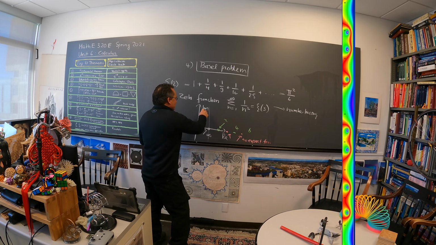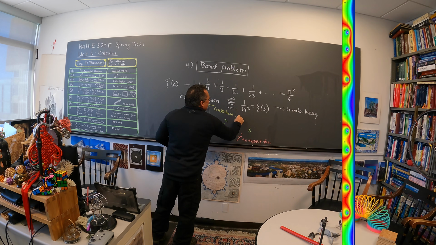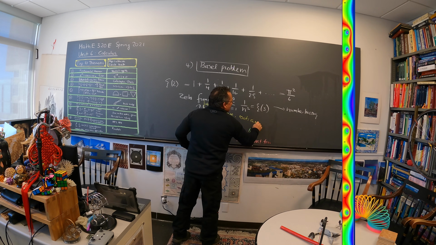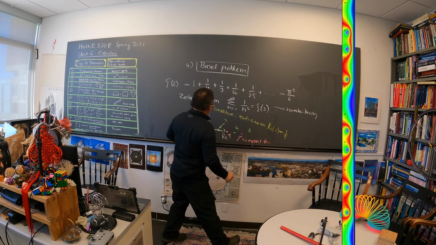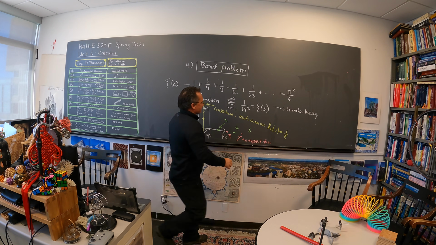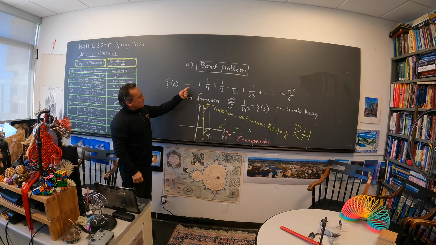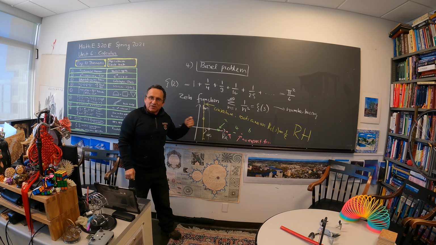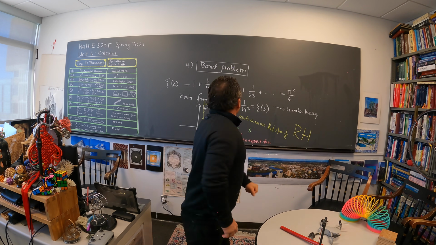And the conjecture is that all the roots are on real s equals 1/2. That's an open problem, the Riemann hypothesis. We talked about this before, and it's just an amazing thing that we can compute some zeta function values.